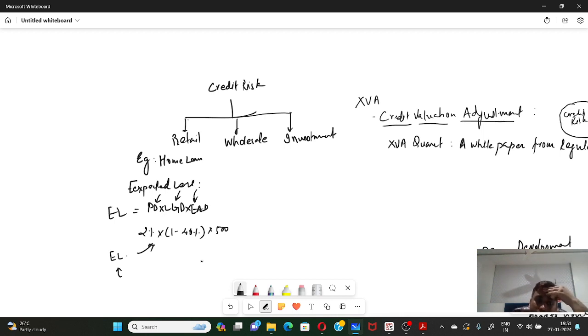Now, in the wholesale context, what happens is there are rating agencies which assign ratings to institutions, right? So we keep hearing that this is a AAA institution, this is a AA institution, and all of that, right? Here also the formula of expected credit loss remains the same, but here the probability of default comes from the ratings.